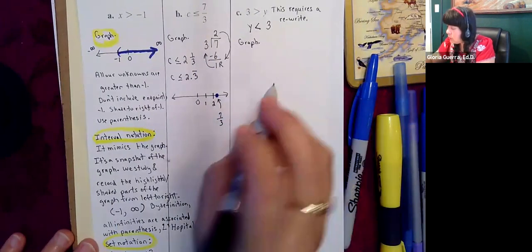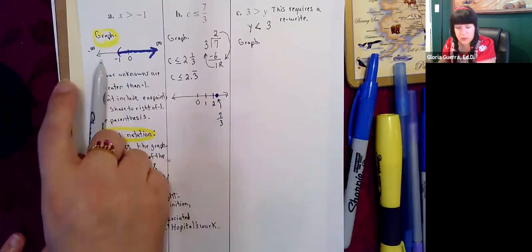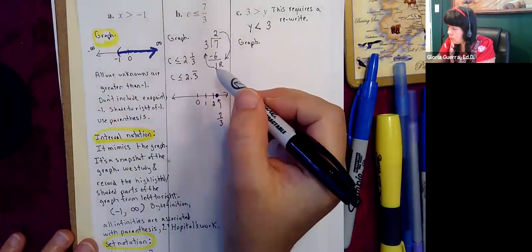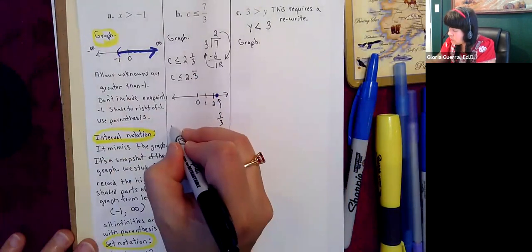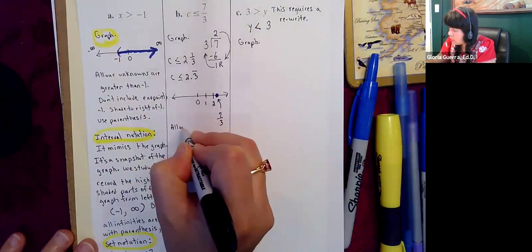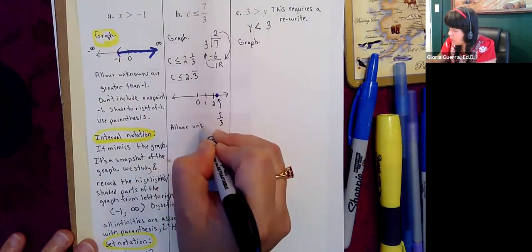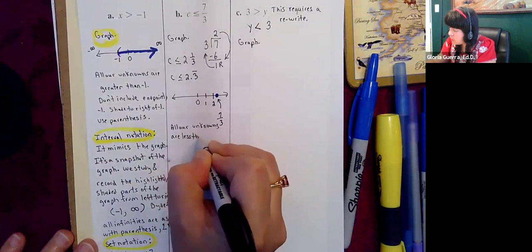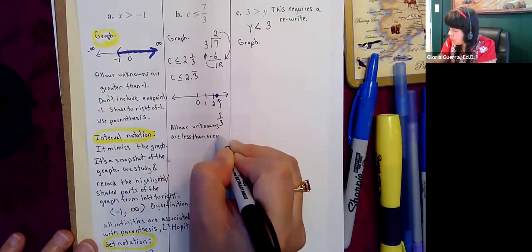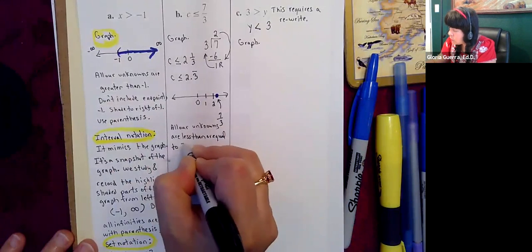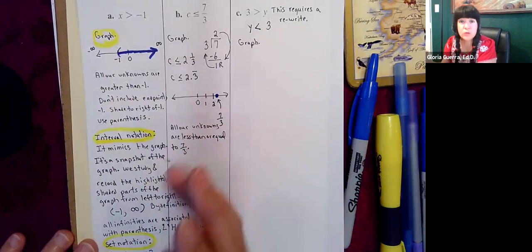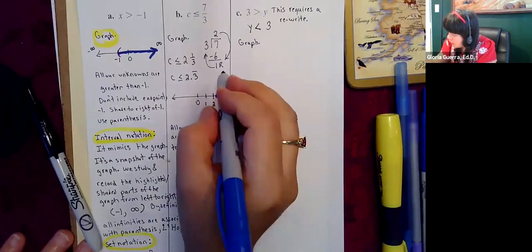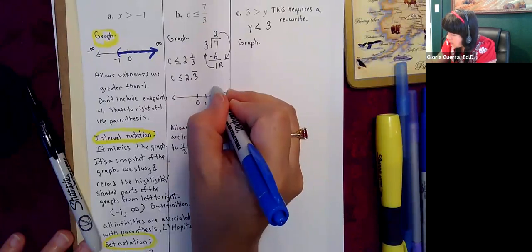Okay, so this is saying that all your c's, all your unknowns, are less than or equal to 7/3. So I'm going to shade to the left of that, and I am going to use a bracket here.